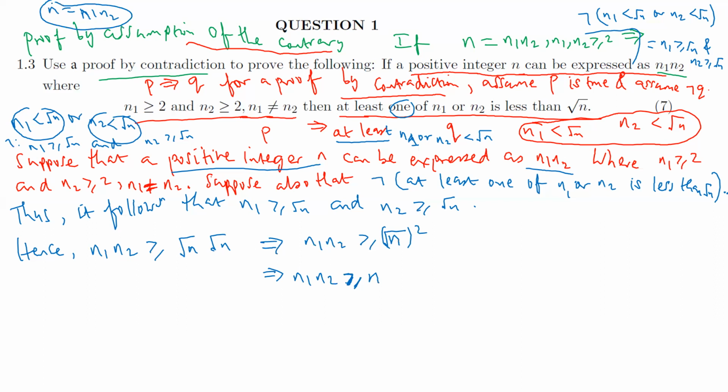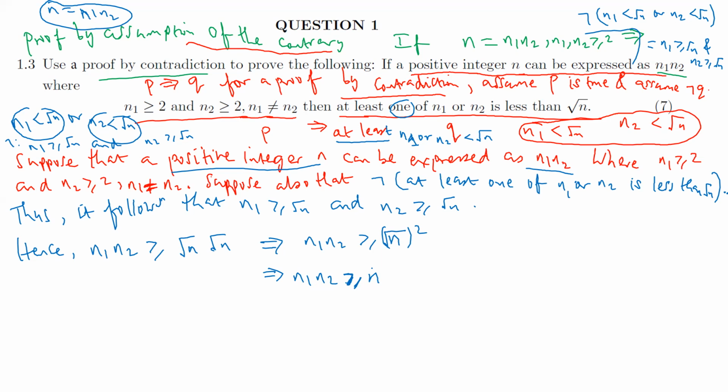Then what you are getting now is that n1, n2 is greater or equal to n. So if n1, n2 is greater or equal to n, how consistent is this with the assumption?